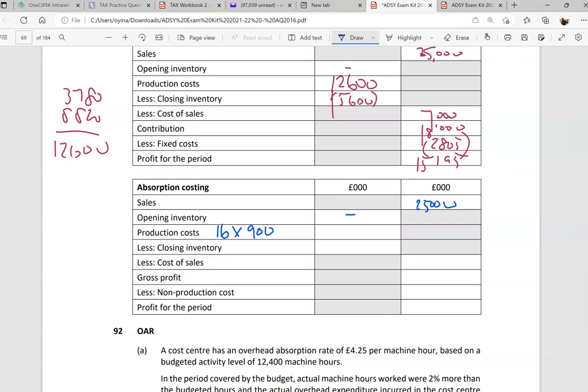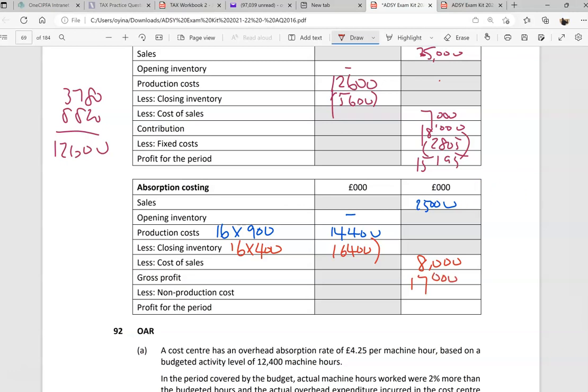I've just calculated that, but I'll do it just so you can see: 16 times 900, and that should give you 14,400. And now I'm going to take away the closing inventory, of course, which is 16 times 400, which gives me 6,400. And so here you have 8,000 as your cost of sales.